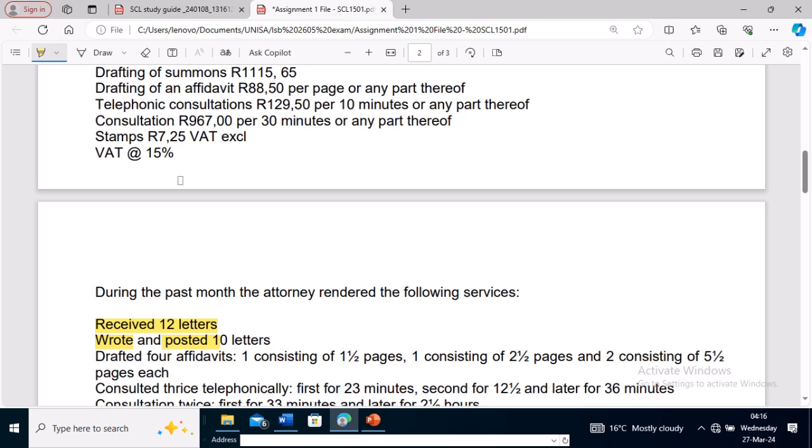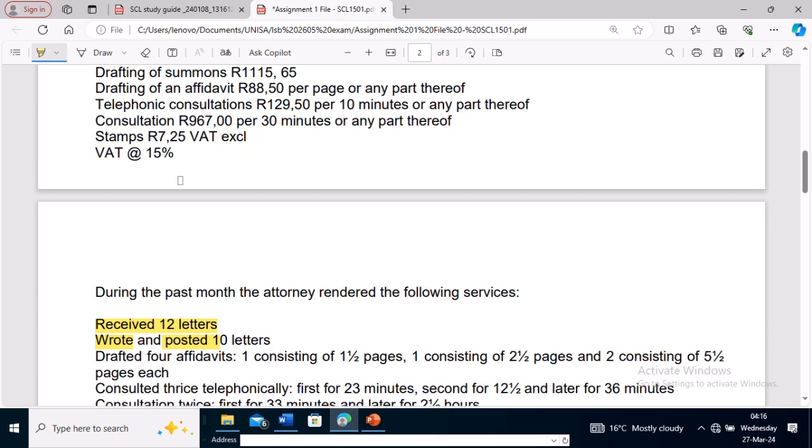And then it states that 2 consist of 5.5. That half is considered as a full, so it's going to be 6. So we have 2 at 6.